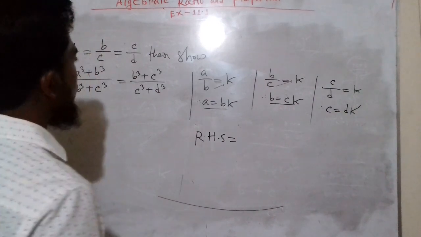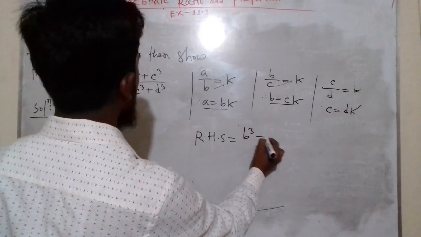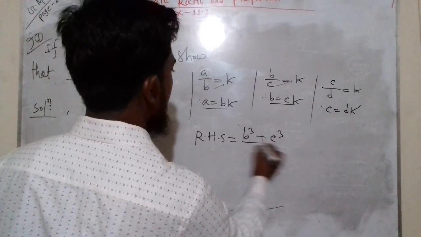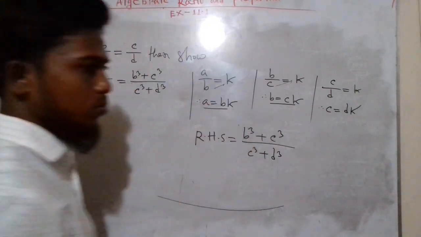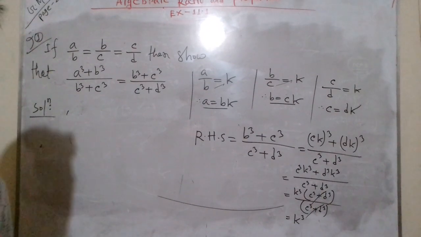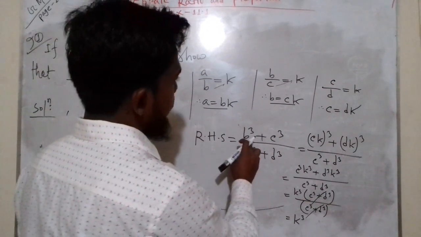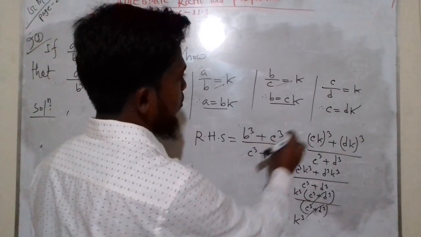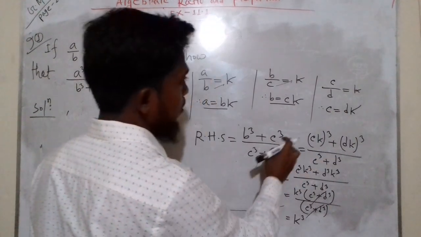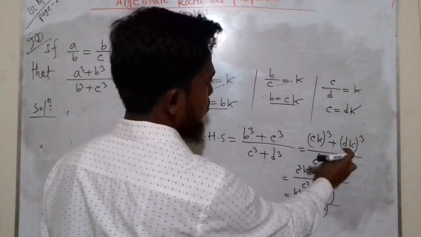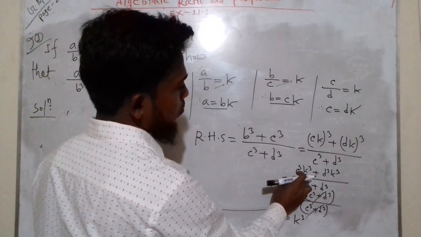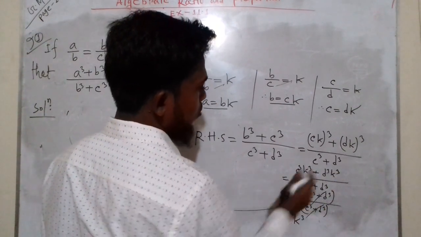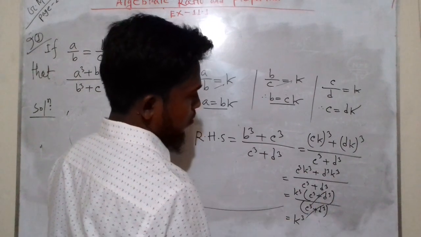Right hand side equals (b^3 + c^3)/(c^3 + d^3). Now the value of c = dk, so we can write c^3 k^3 + d^3 k^3 divided by c^3 + d^3.